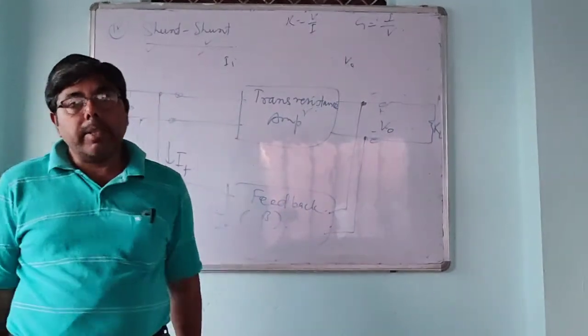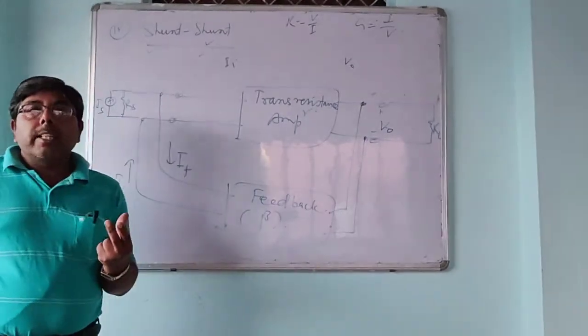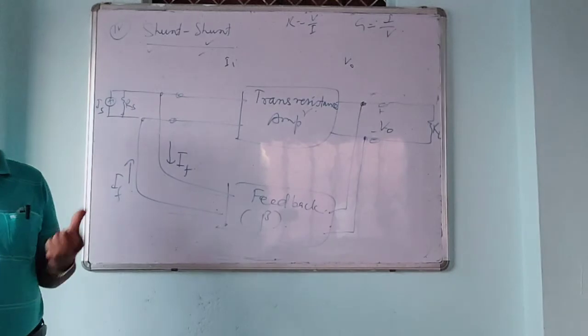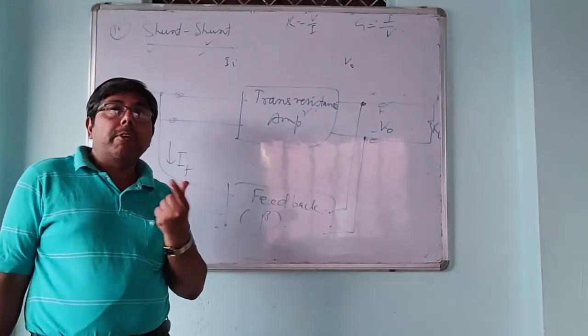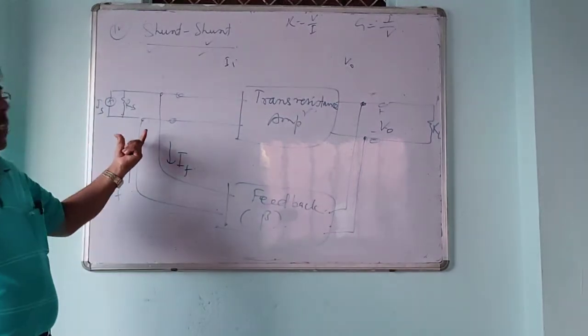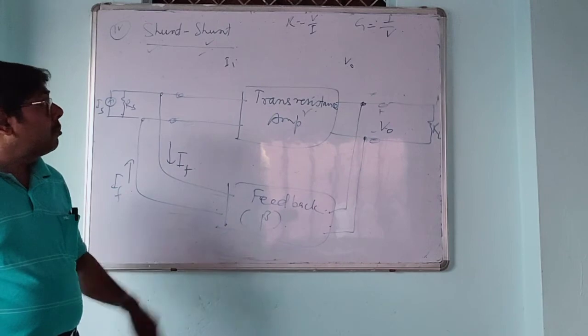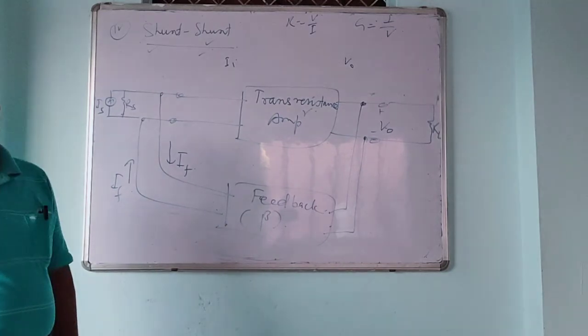First thing. Second point is, for voltage sampling you have to connect in parallel, and for current sampling in series, and mixing is opposite. So this is the basic concept for all basic feedback topologies.